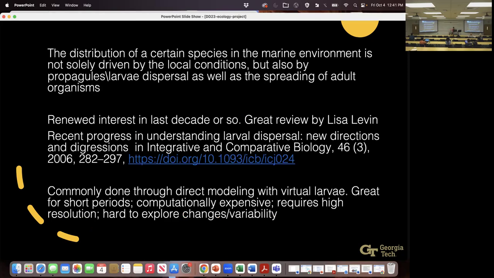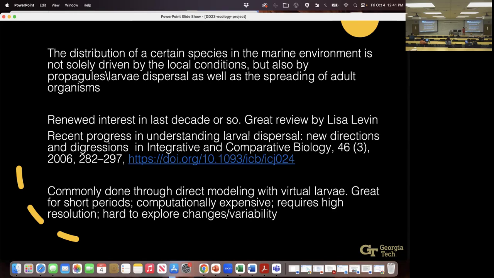So what we really want to see is how propagules, just tiny fish and larvae, disperse. And that is going to tell us how the adult organisms are going to be distributed.